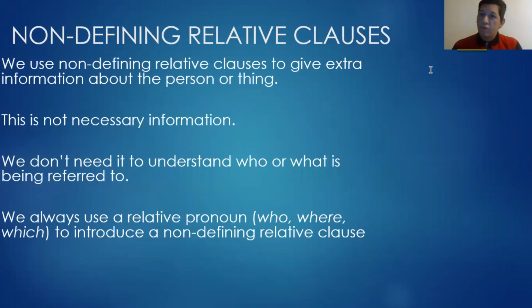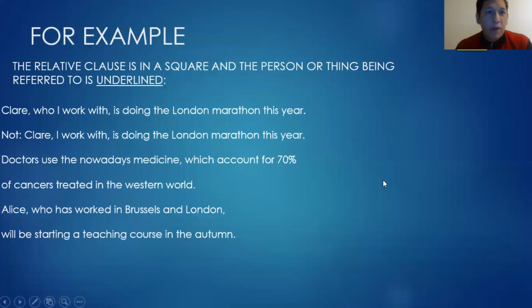Now, continuing with that part, it says, for example, the relative clause is in a square and the person or thing being referred to is underlined. Remember this dynamic? We need to put in a square the information about the relative clause, okay? Now, Claire, who I work with, is doing the London Marathon this year.